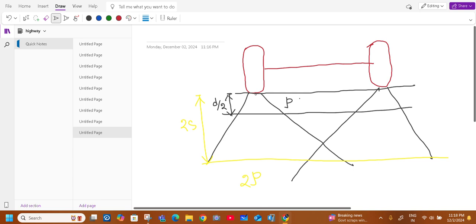So to calculate any pressure at a particular depth, we have to interpolate between them.